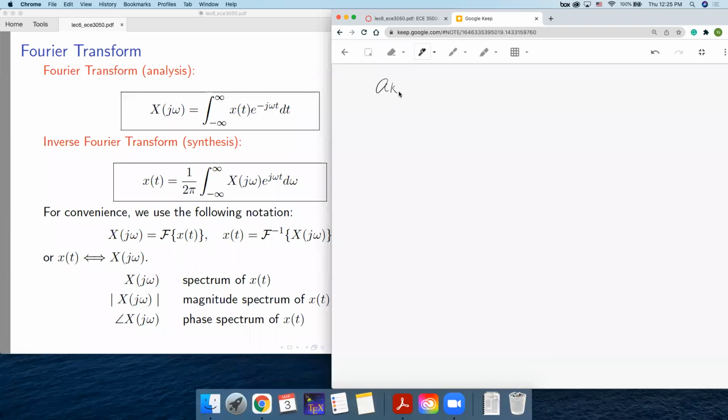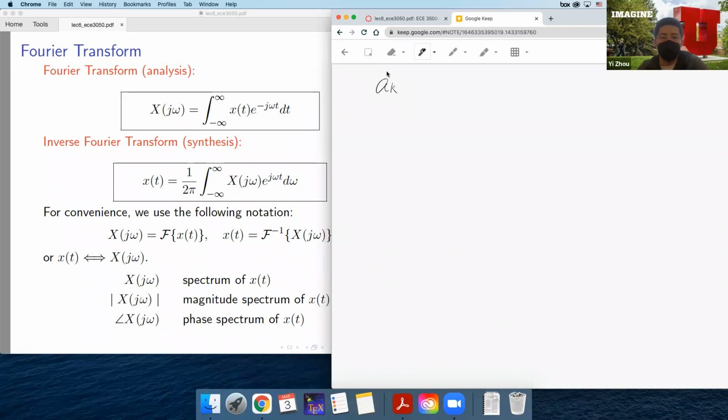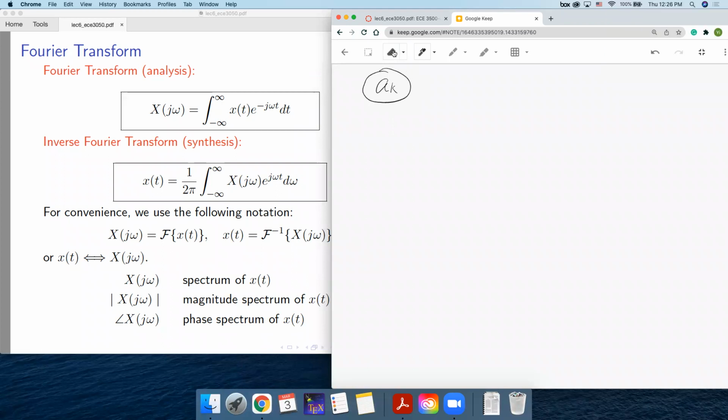I think both will work. Yeah, for most of the time, for some examples, it is actually real valued, so there's no such issue. But depending on which gives a simpler expression, you can choose either polar or Cartesian. Okay, sounds good.